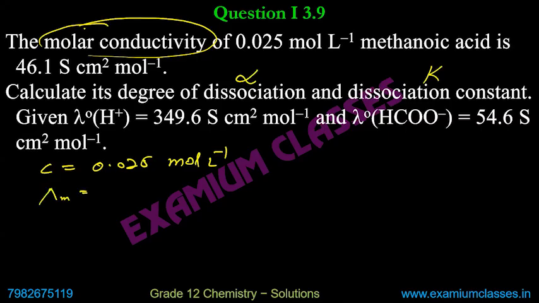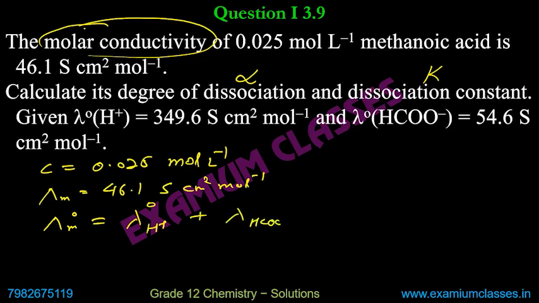Lambda M is given, 46.1 Siemens centimeter square per mole. Lambda M naught will be lambda H plus naught plus lambda HCOO minus naught. These values are given. So you got lambda M, you got lambda M naught, you got the value of alpha. Once you got the value of alpha, you got the value of K. C is given.